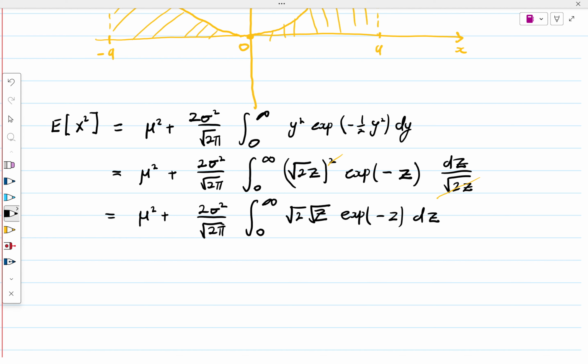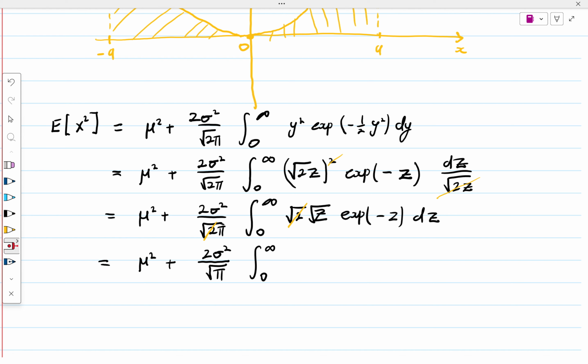The other thing to note, now that we've evaluated this integral, is that the square root 2 here will cancel with the square root 2 in the denominator here. So this can now be re-expressed as mu squared plus 2 sigma squared all over square root 2 pi, integral from 0 to infinity.